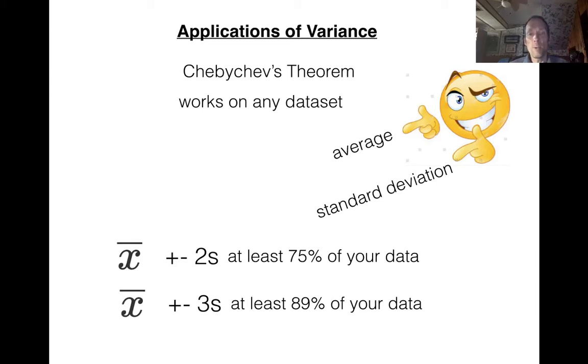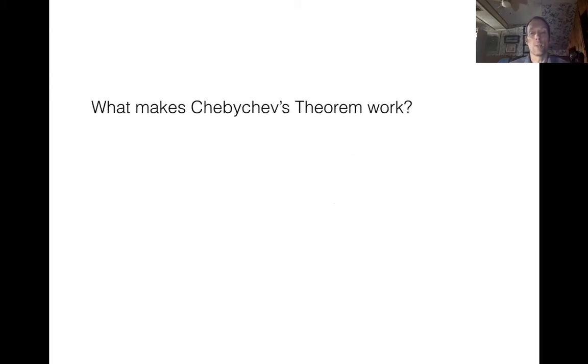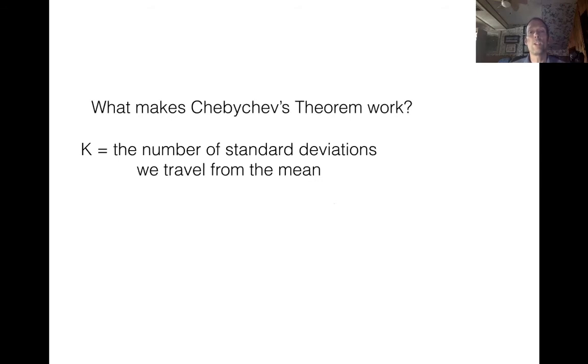So with Chebychev's theorem, how does it work? The Chebychev theorem inventor made this new variable and said, I'm going to call k the number of standard deviations that we travel from the mean. And then he created this proportion: 1 minus 1 over k squared equals a percent.